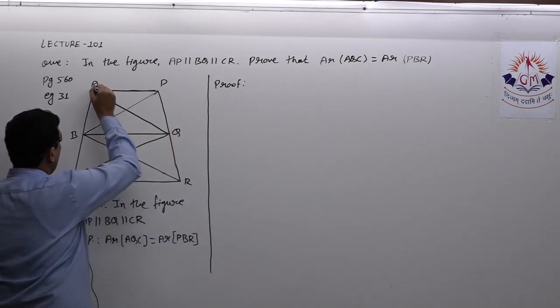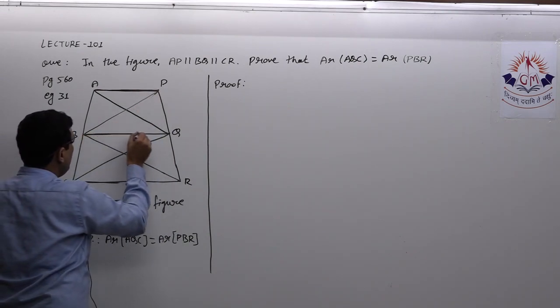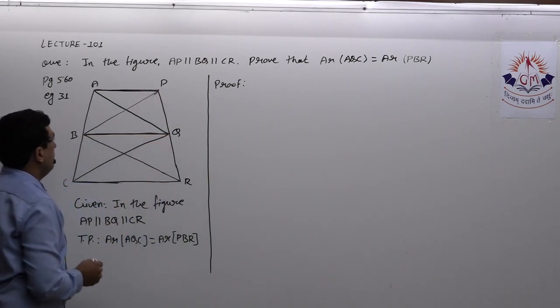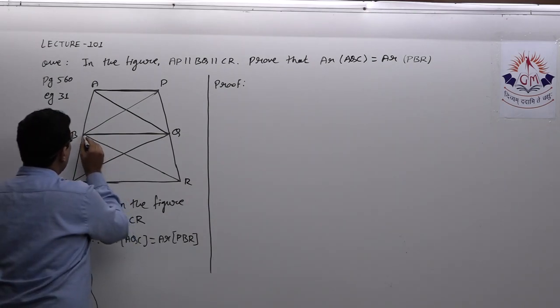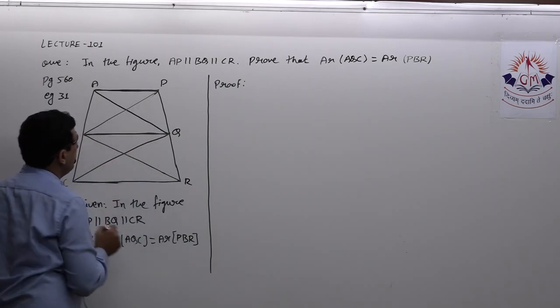See, it is given that these three segments are parallel. So I can say area of triangle BQA is equal to BQP.